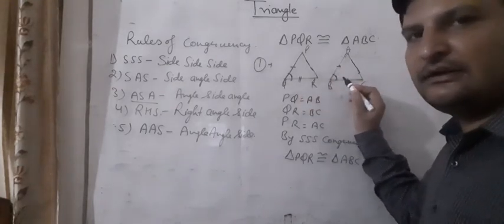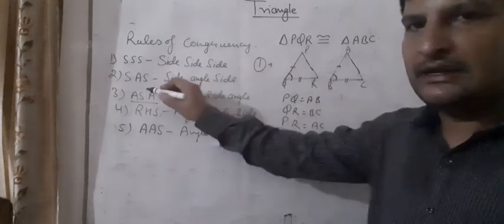If the angle between these two is equal, we can use the SAS property.